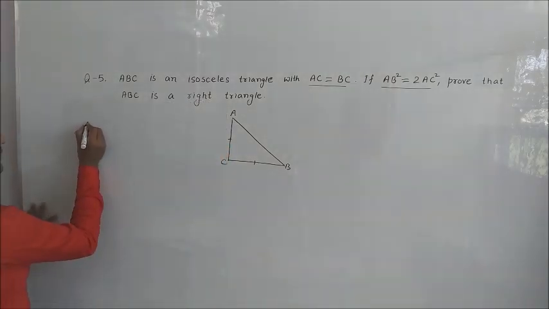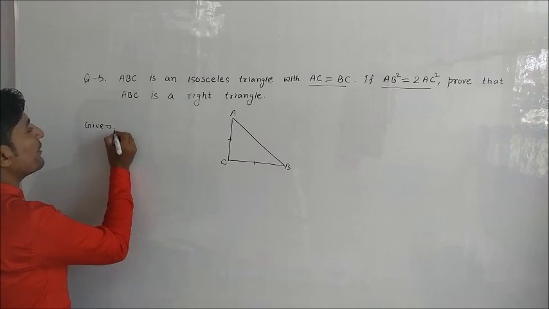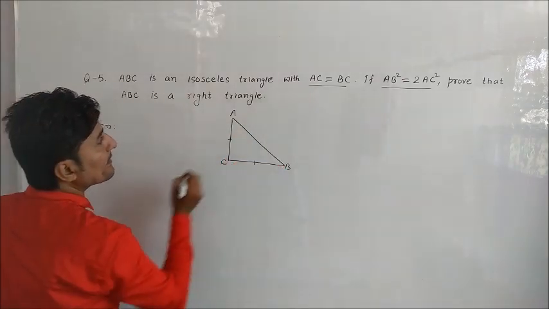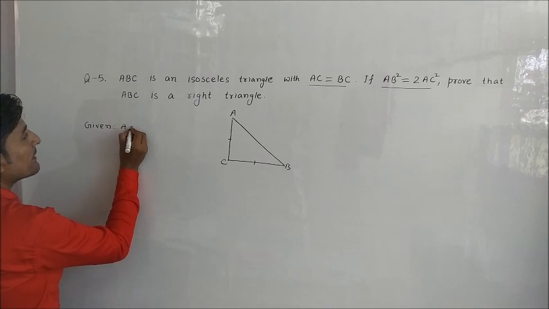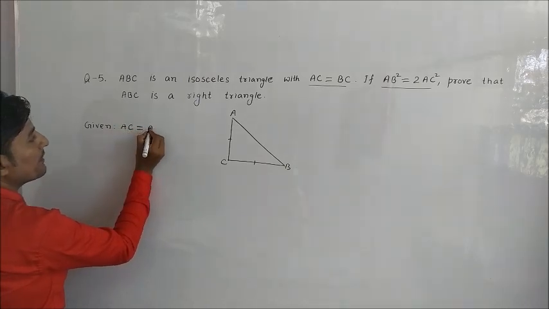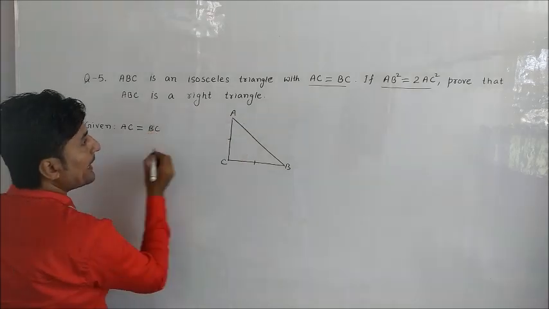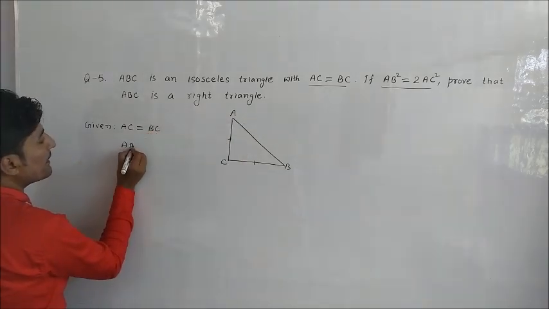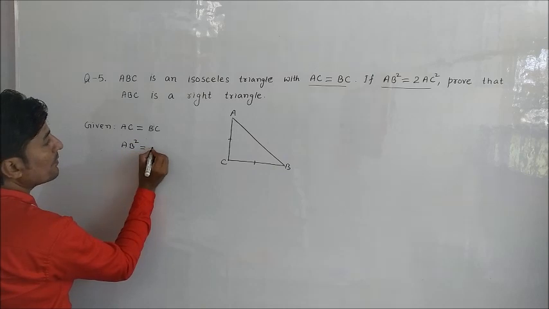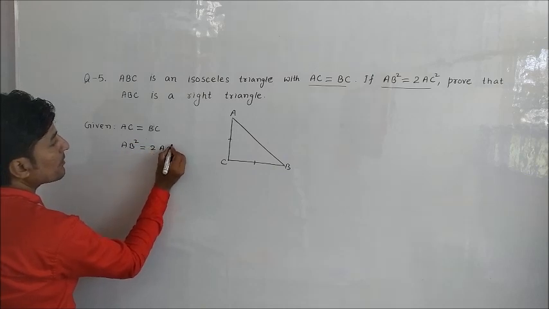So here in the given we can write down AC is equal to BC. It is already given. And AB square is equal to 2 into AC square.